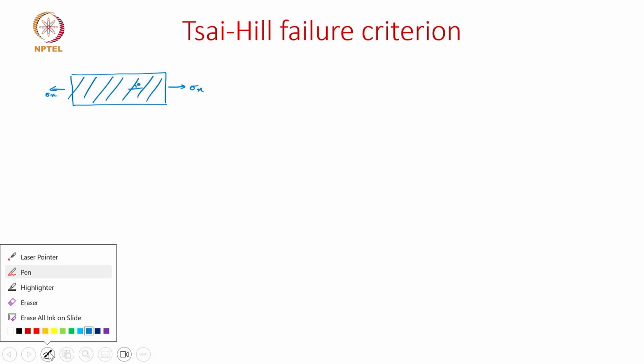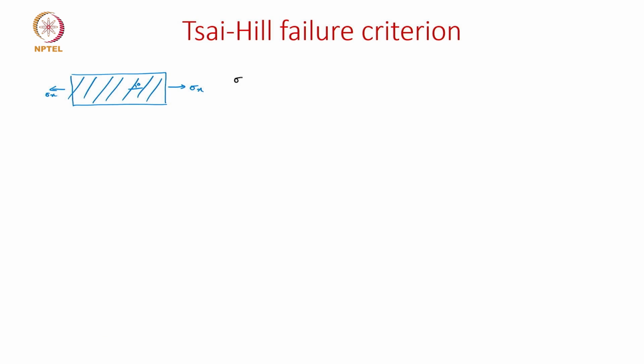So previously we showed the stress transformations as sigma 1 is sigma x cos square theta, sigma 2 is sigma x sin square theta, and tau 1 2 is minus sigma x sin theta cos theta.